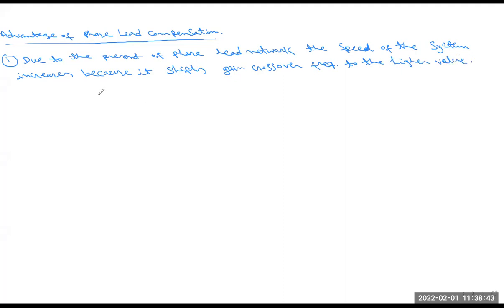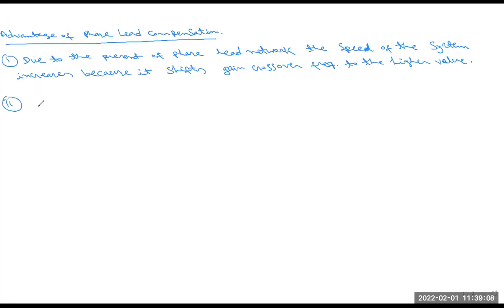Due to the presence of the phase lead network circuit, the speed of response is much faster, so the speed of the system increases, and it shifts the gain crossover frequency to a higher value. That's why we use the phase lead compensation circuit.